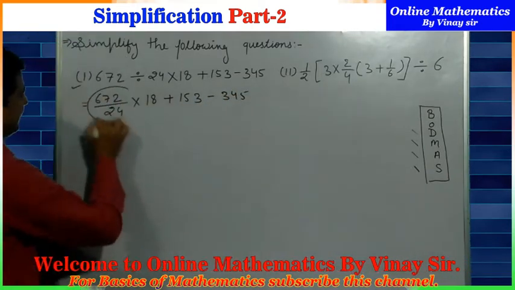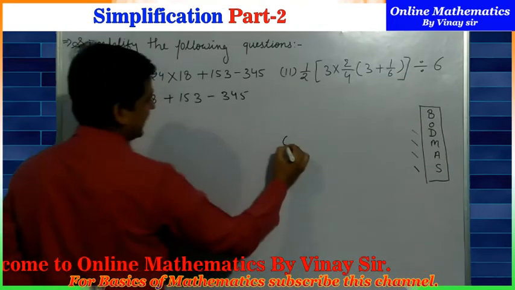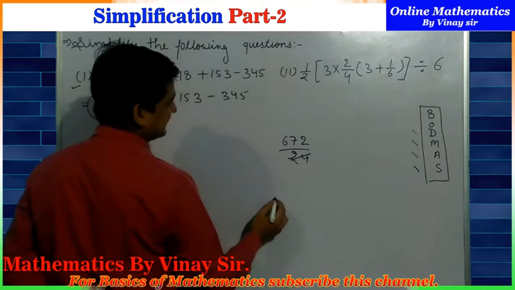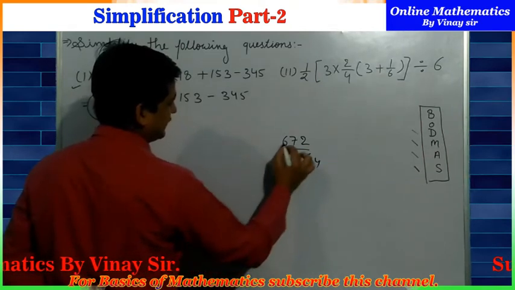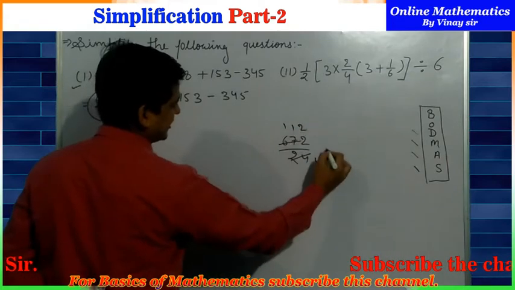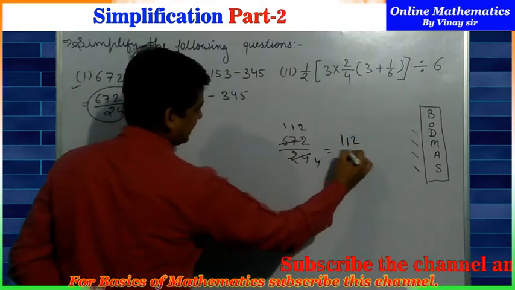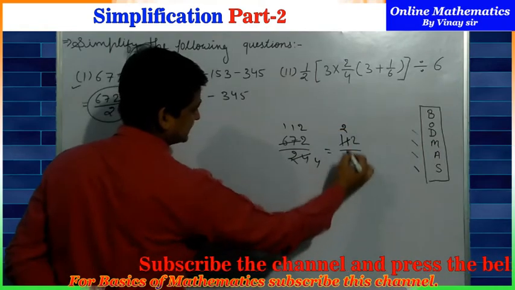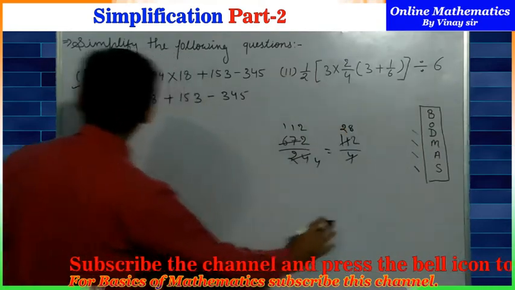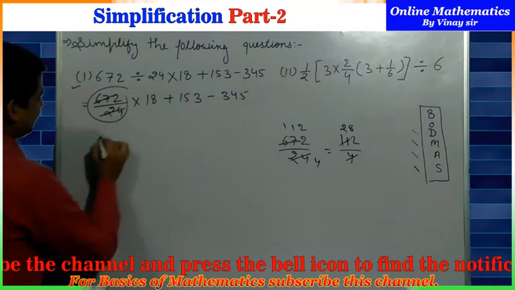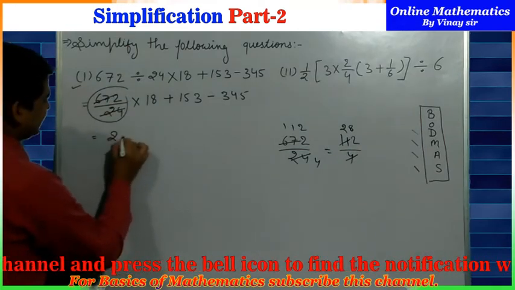First we simplify this. 672 upon 24 is divisible by 6: 6 fours are 24, 6 ones are 6, 6 ones are 6, 6 twos are 12. That gives 112 upon 4. 4 twos are 8 and 4 eights are 32. So 672 divided by 24 gives the result 28.